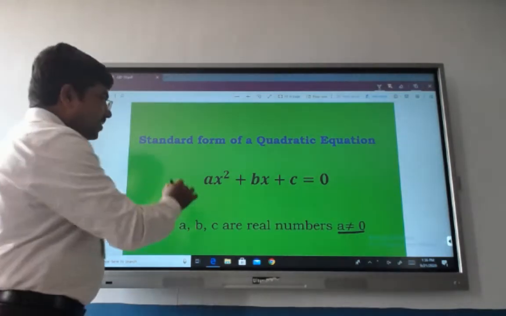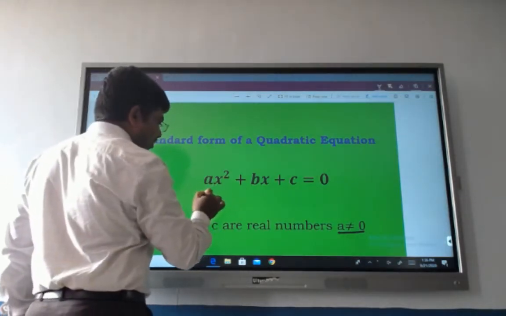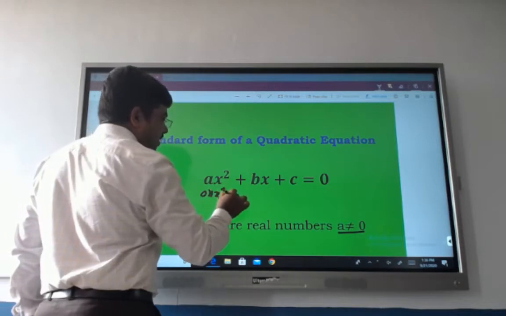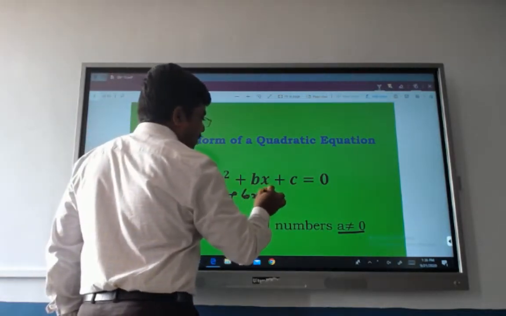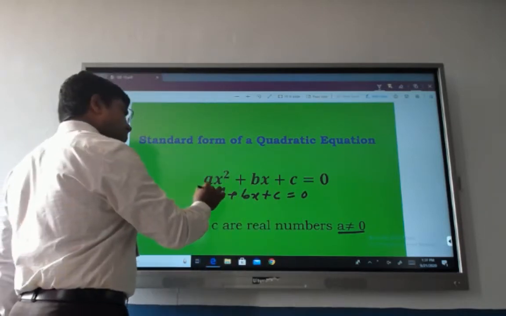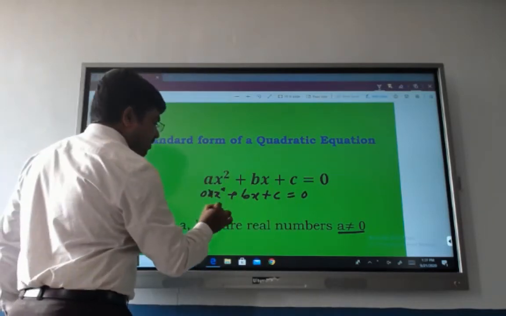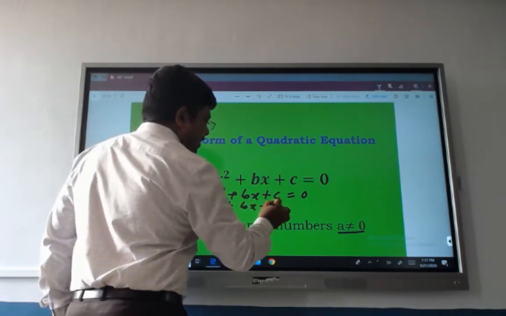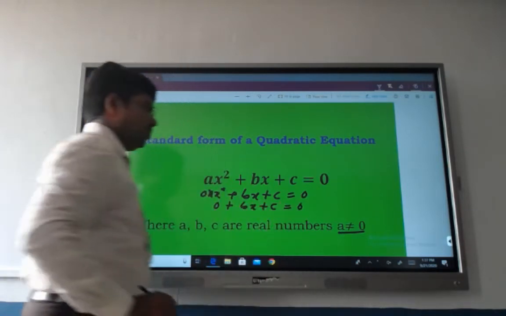Why? If a is equal to 0, what will happen? 0 into x square plus bx plus c is equal to 0 will come. 0 into x square becomes 0, so we will get bx plus c is equal to 0.